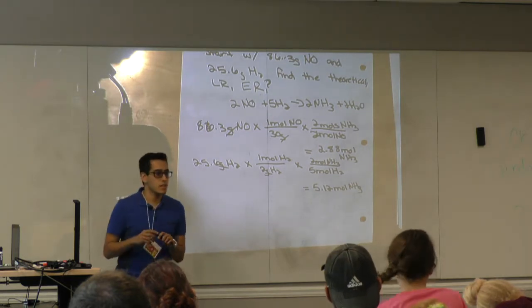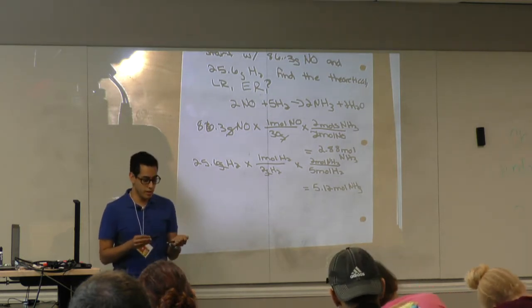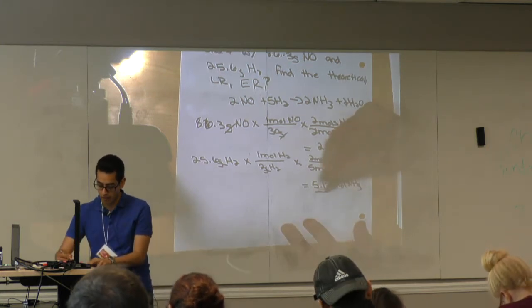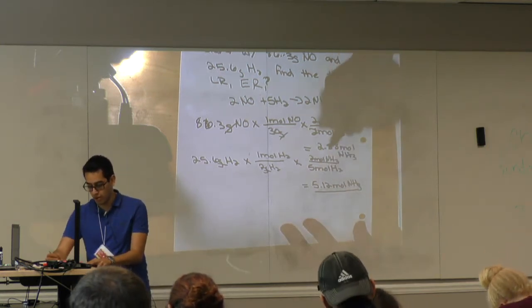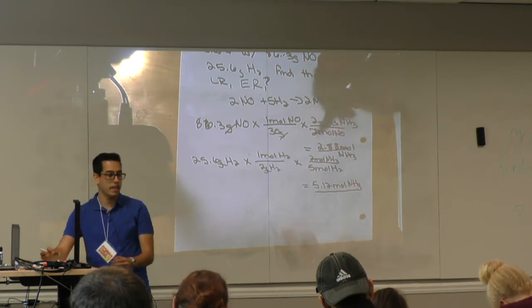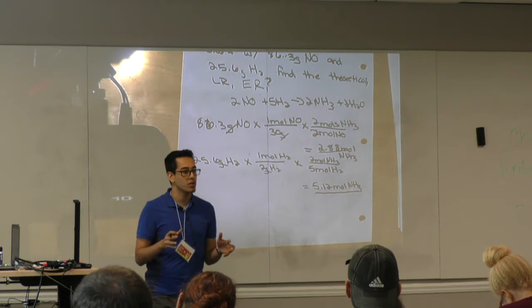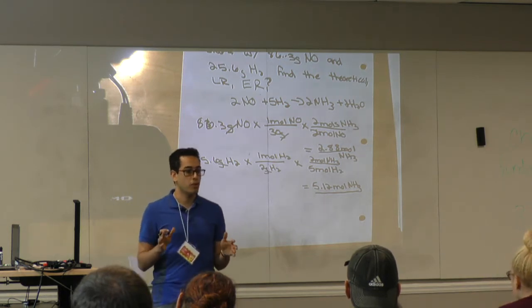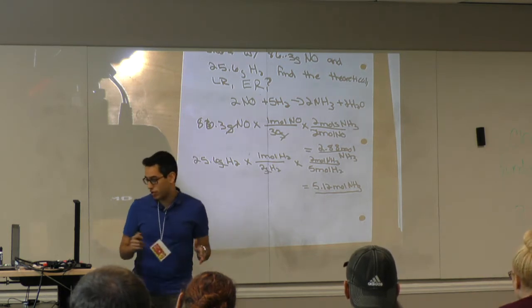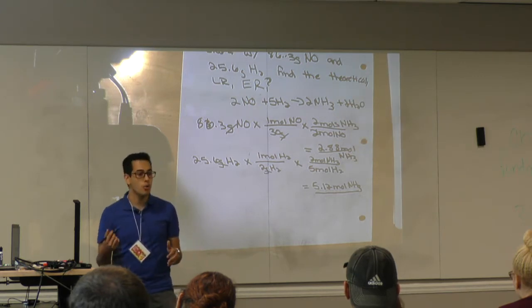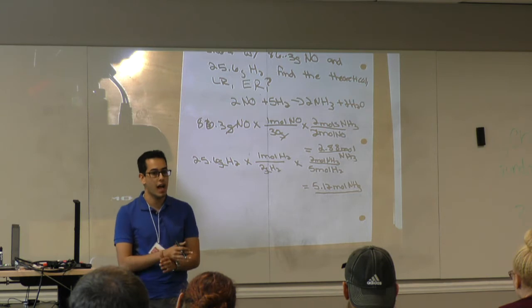So now we have to ask ourselves which one created more product. You compare the 2 answers you had: 5.12 and 2.88. We know that the absolute most NH3 we can create is 2.88, the smaller one, because that means that NO is going to run out, and so the reaction stops.